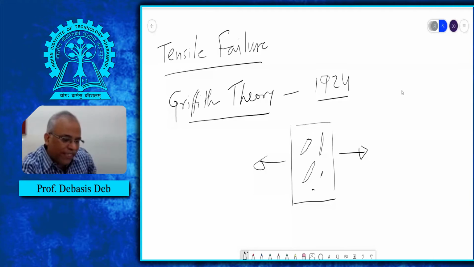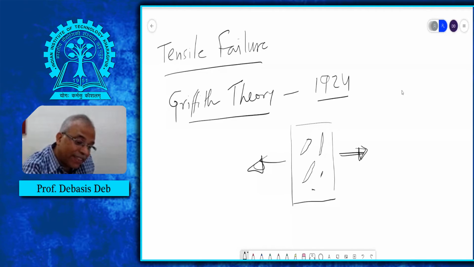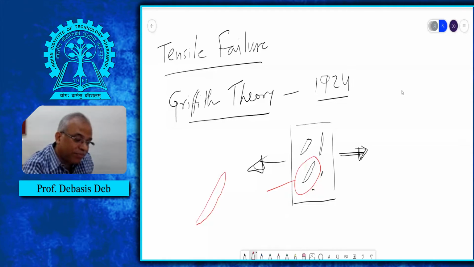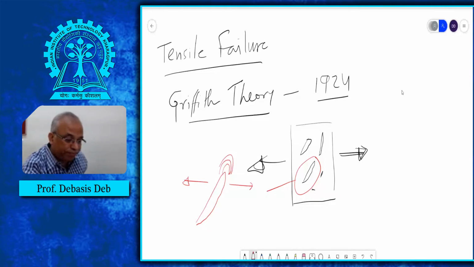So when you give a tensile load to this kind of material, what happens is, I enlarged this one here. So this was like this, and let's say some tensile stress is applied. So what will happen here? Initially, some plastic zone will form here, and then gradually this will extend.